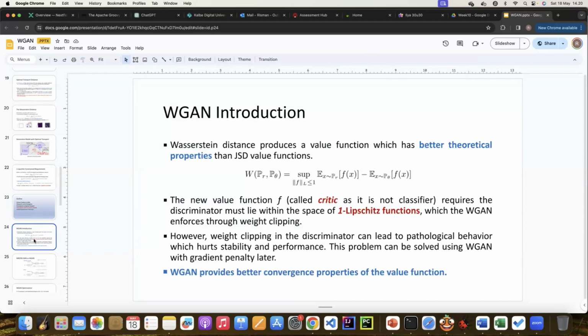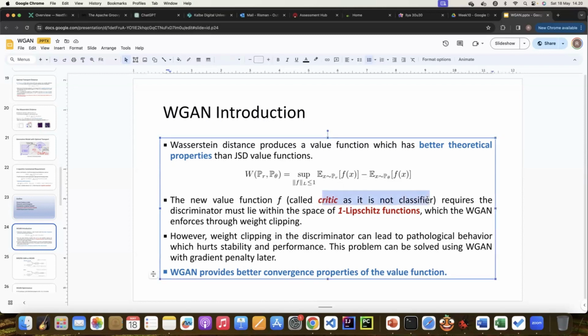So the initial GAN formulation looks like this. It has a better theoretical background from optimal transport, and the cost function, the divergence, is defined by the supremum of the expectation value of f(x). We call f(x) here a critic function.